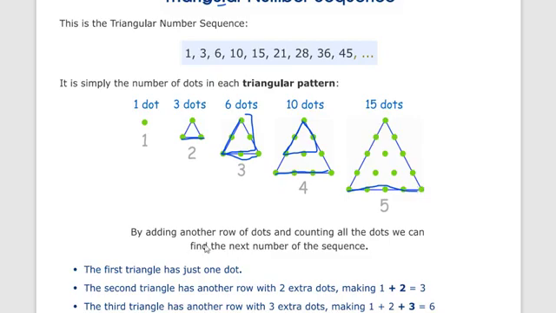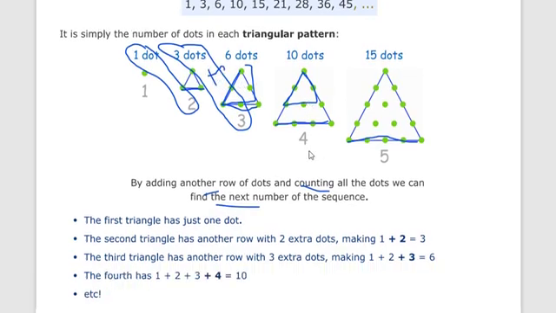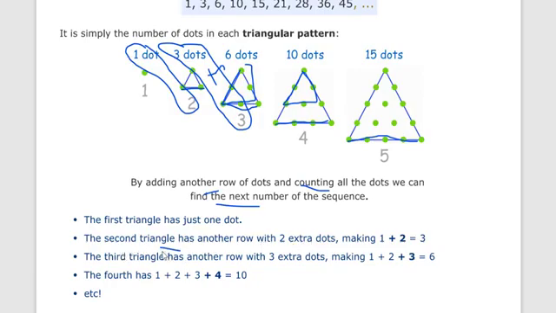Adding another row of dots and counting all the dots, we can find the next number. Also, you can find it from the second term and first term, or the second and third terms. Adding these two, we can get our next term also. Or you can use the formula like this.